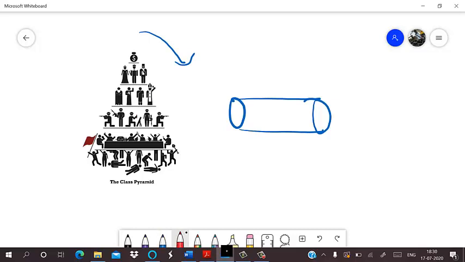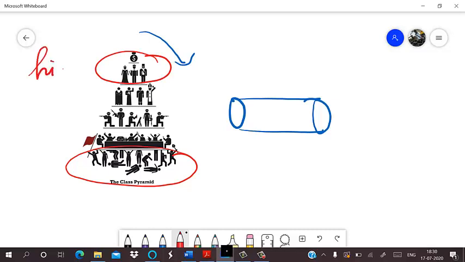Now you can see in this picture there are various sects. This is the working class and this is the ruling class, which in a very general sense I will say this is high, not to hurt anyone's feelings, but this is low.